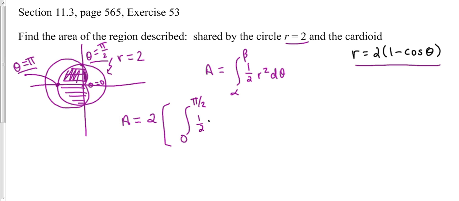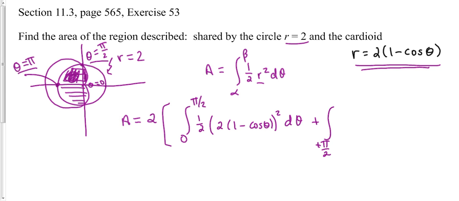So it's going to be 1/2, and for r, I'm going to use the formula for my cardioid, which is 2 times 1 minus cosine theta, and that whole thing is going to be squared, times d theta, plus this area over here, which is going to be the integral from pi over 2 to pi, and again I will have a 1/2, and now for my r squared I'm going to substitute in 2 and square it, times d theta.